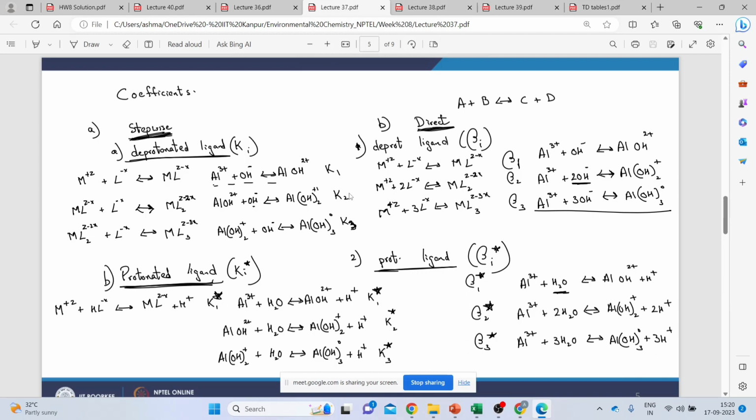So K is for the deprotonated ligand, and K star is for the protonated ligand, and beta is for the direct deprotonated ligand, in which we write the reaction directly from the cationic form of the metal. And beta star is one in which for any complex we write from Al3+ only. So let's move to the next part.